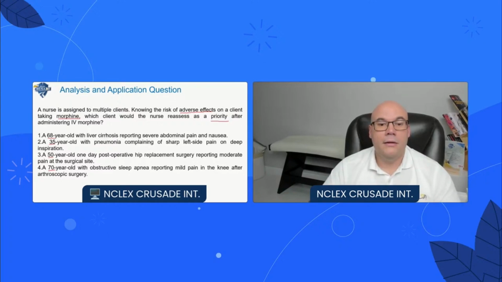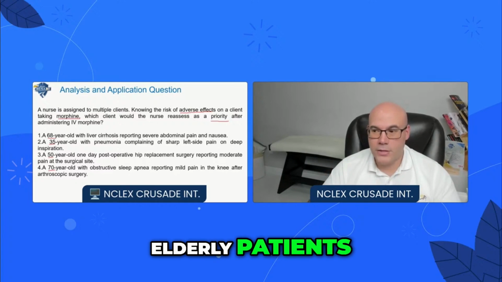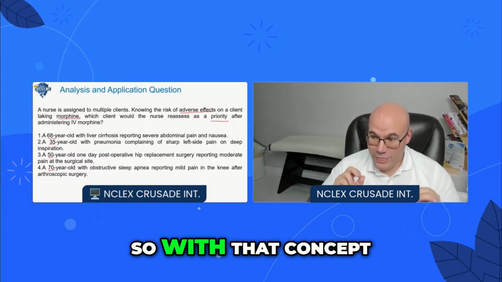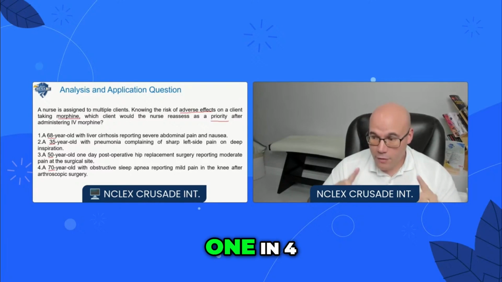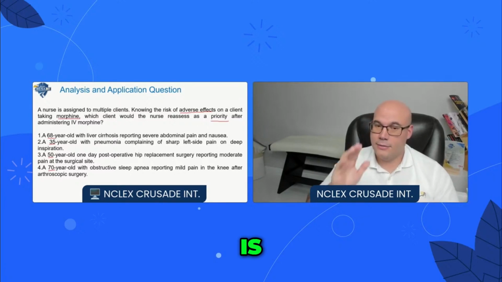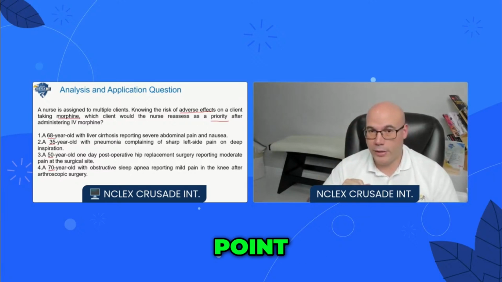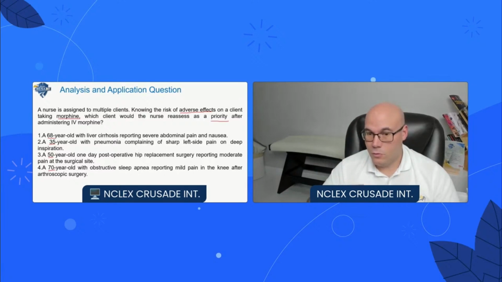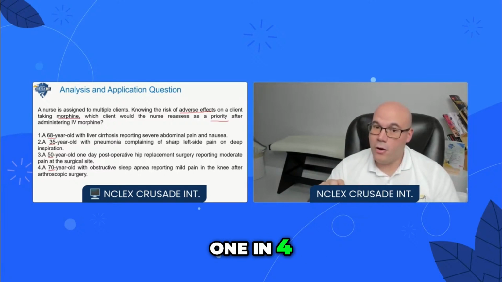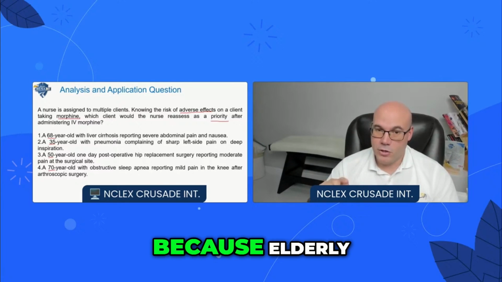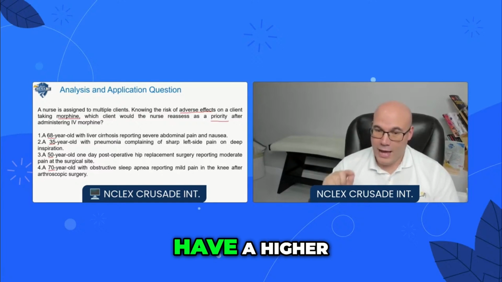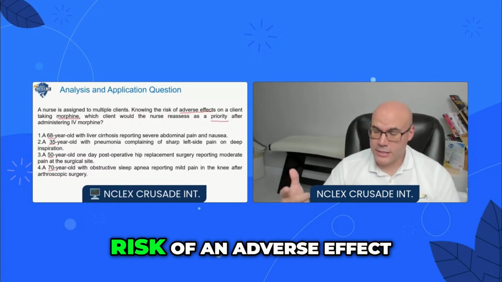Obviously, elderly patients. So with that concept, 1 and 4 is in my target point. So far, 1 and 4, I really like them because elderly have a higher risk of an adverse effect.